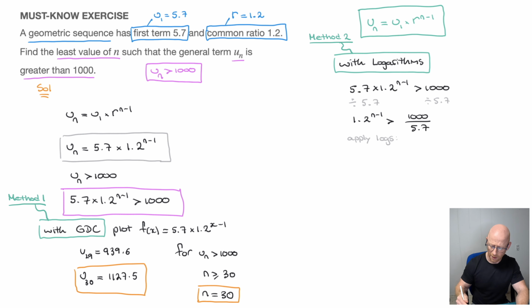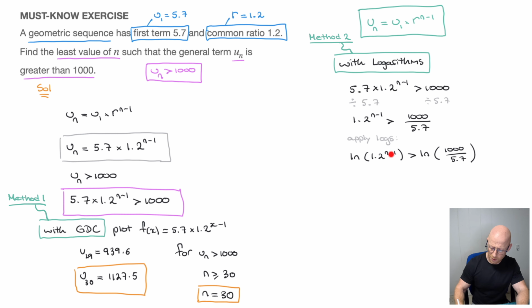And so here's the whole idea. I'll go ahead and use the natural logarithm, which is ln, but you could use log base 10. It would make no difference whatsoever in the final answer. And so here I'll write on the left-hand side ln of the entire left-hand side, 1.2 raised to the power of n minus 1, which must be greater than ln of the right-hand side. So that's 1,000 over 5.7.